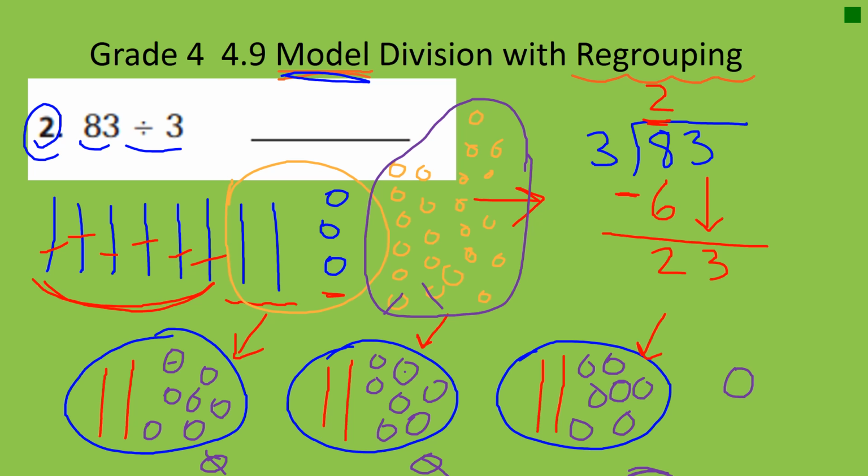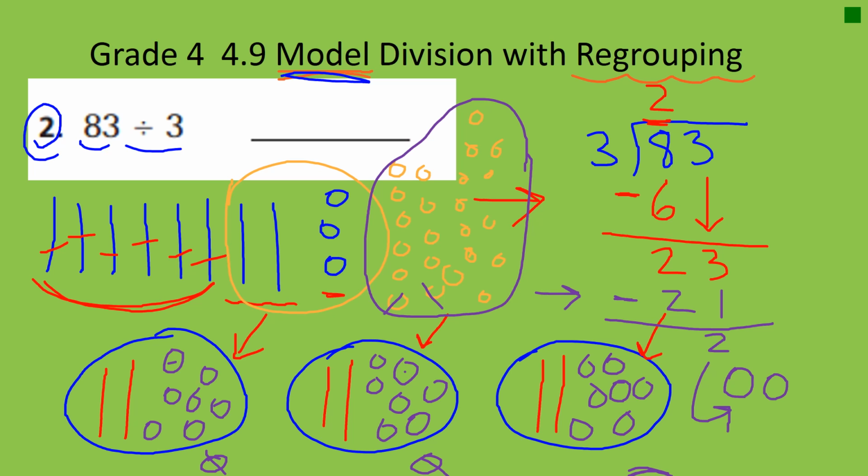So 22, 23, they're not part of my equal sets. I only got to take 21 out and put them into equal sets. Okay? So 23 minus 21 is 2, and there are my 2 leftovers. So I just recorded the steps that I took with the ones right there.